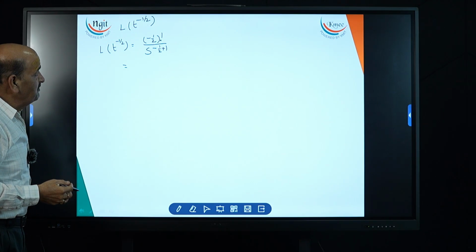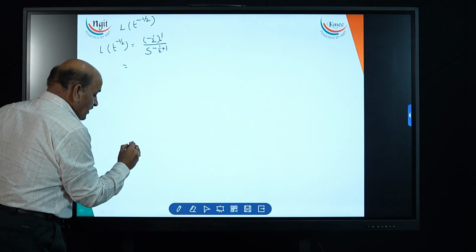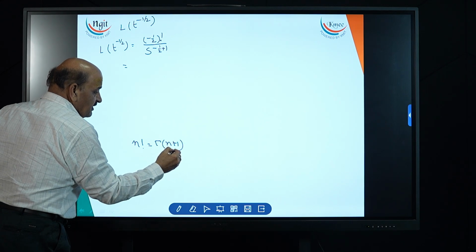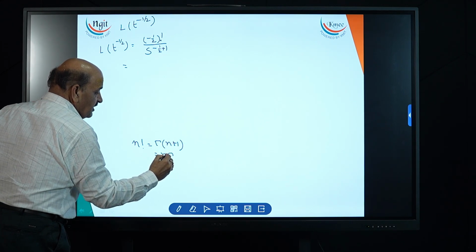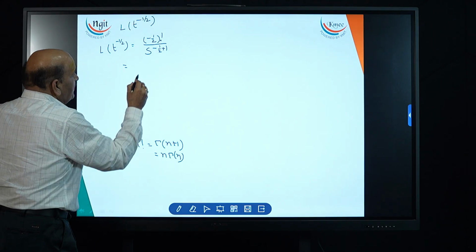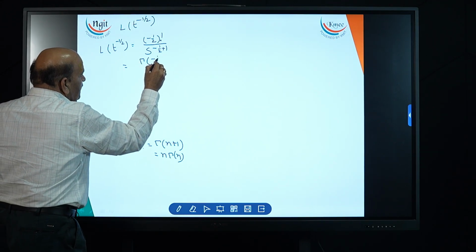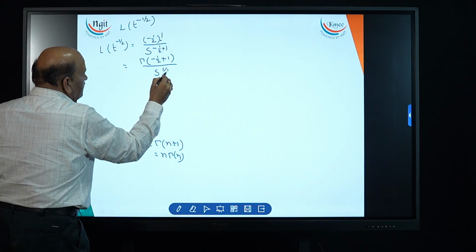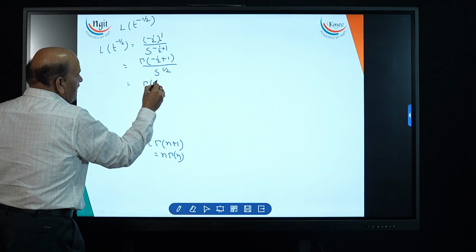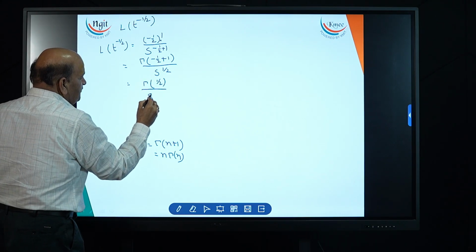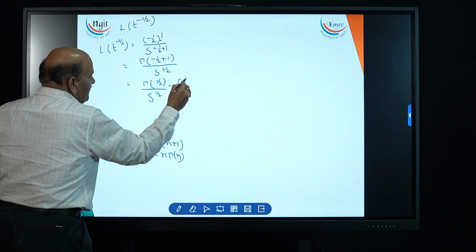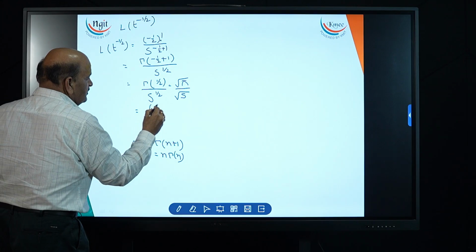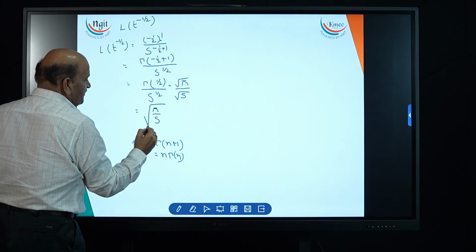So we use n factorial equal to gamma of n plus 1, which is n gamma n. Understanding? So this is equal to gamma of minus half plus 1 by s power half, that equals gamma of half by s power half. Gamma of half is root pi, divided by root s. This is equal to under root pi by s.